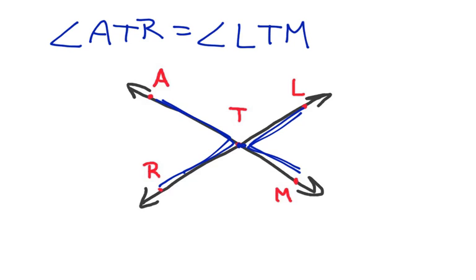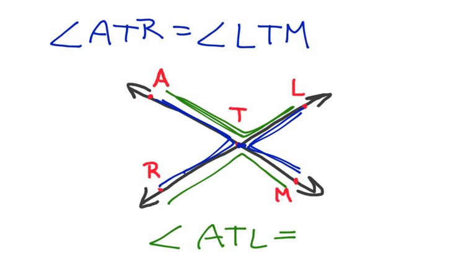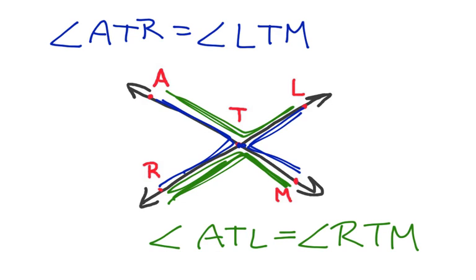Looking at the other pair of vertical angles, I could say that angle ATL is equal to angle RTM. And the reason that they're equal to each other is that they are vertical angles. They share the common vertex right across from each other.